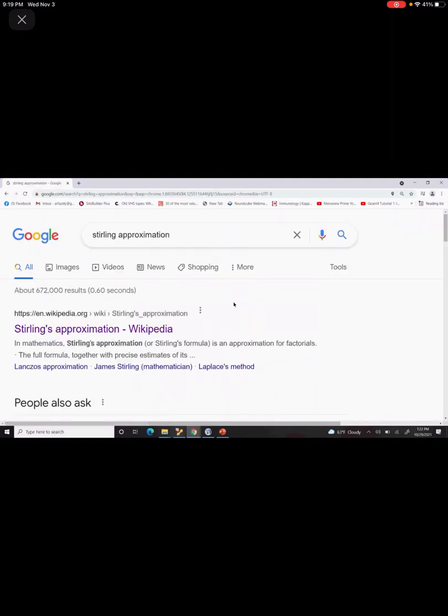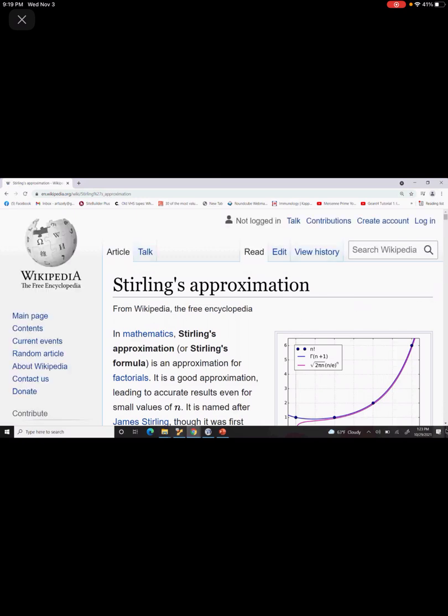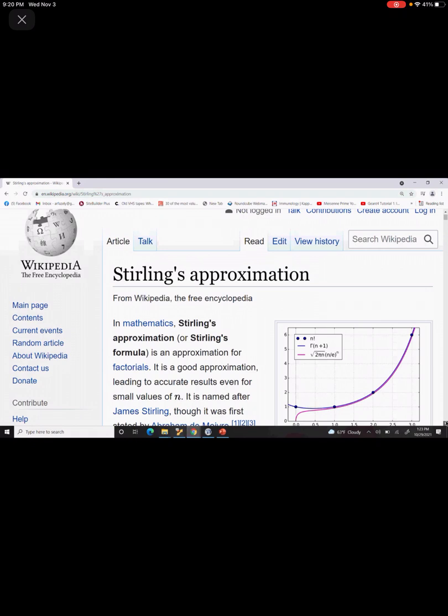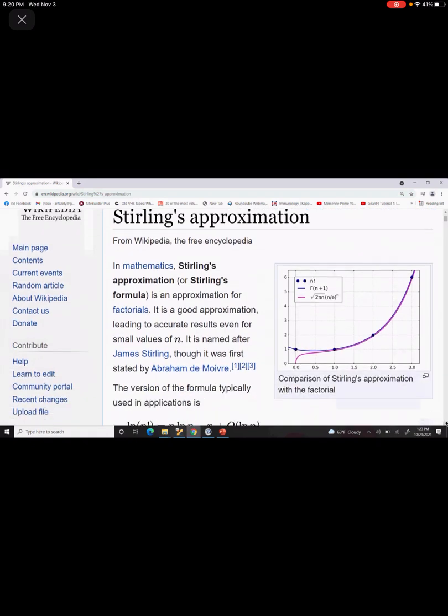Okay, so let me just go over here. I'm going to introduce you to something called Stirling's approximation. I didn't know about this until 2015. Somebody told me in a conference, when I was showing my prime numbers and cross sections of neutrinos, he said, oh my, that looks just like the Stirling approximation.